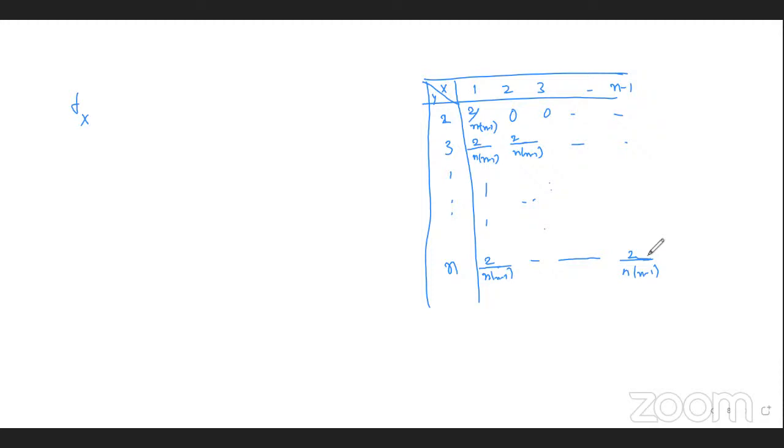So you will just have to add the rows. So if I'm finding fx of 1, it is going to be 2 upon n times n minus 1 till into n times, right?